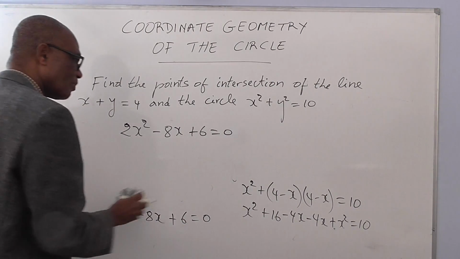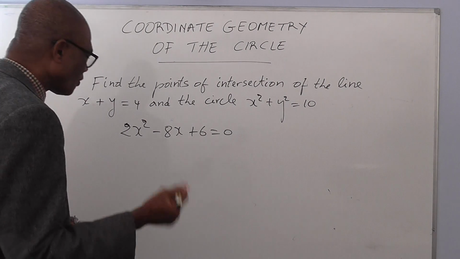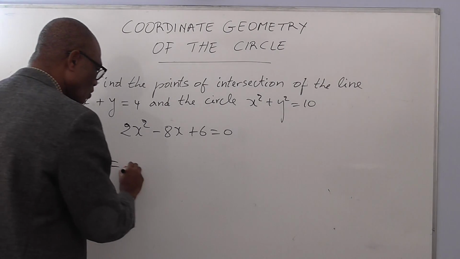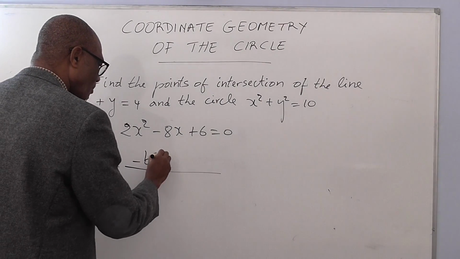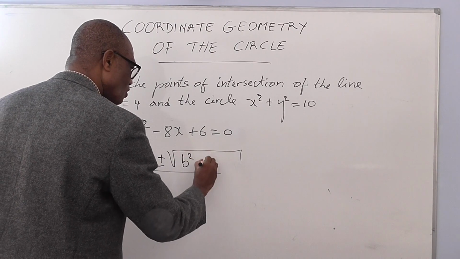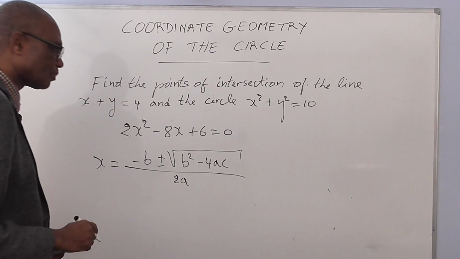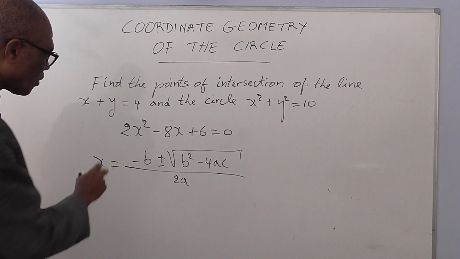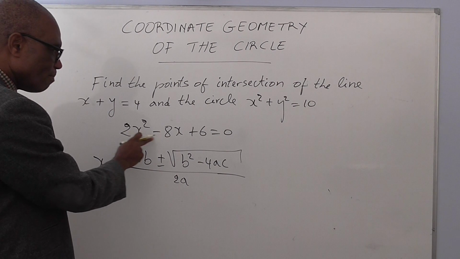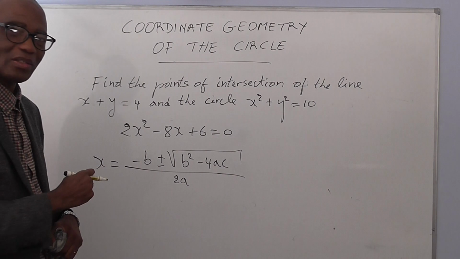The quadratic formula says x is equal to minus b plus or minus the square root of b squared minus 4ac, divided by 2a. Okay, so our a is 2, b is minus 8, and c is 6.